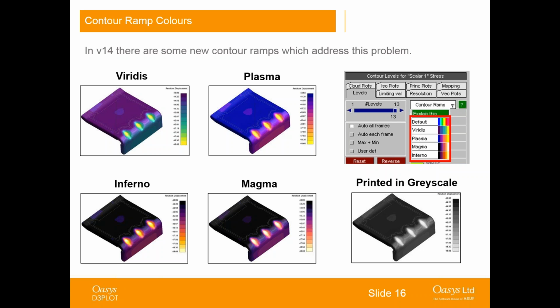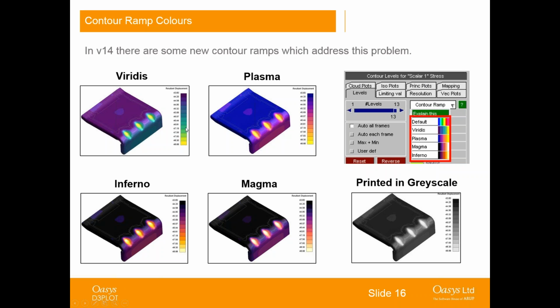I'm told these names here, Viridis, Plasma, Inferno and Magma, are standard names for the contour ramps, and you can select that under the data menu under the options for contour ramp, so you can change that.